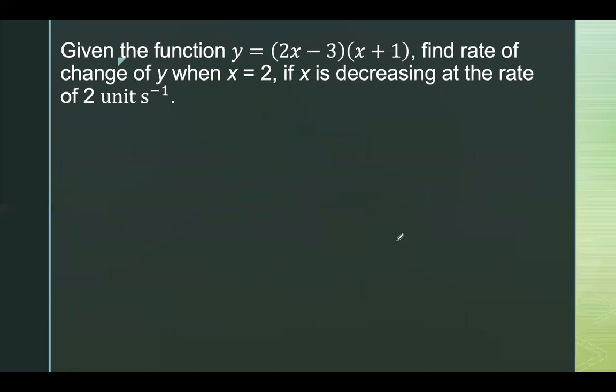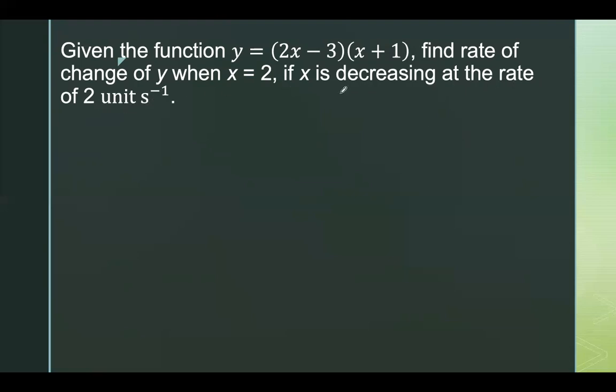So let's look at the example. Given the function y equals (2x minus 3) times (x plus 1), find the rate of change of y when x equals 2, if x is decreasing at the rate of 2 units per second.